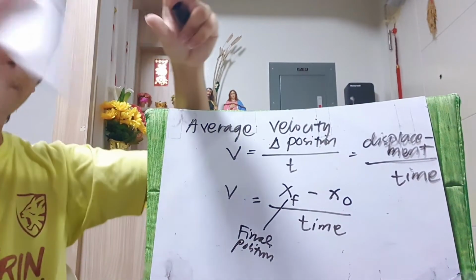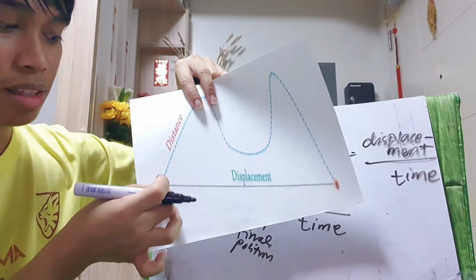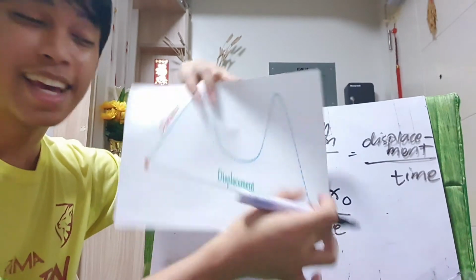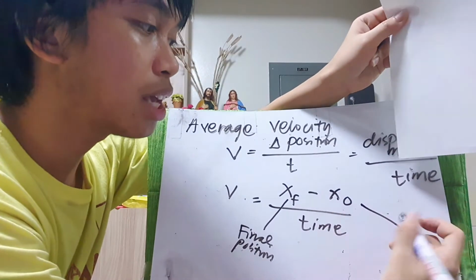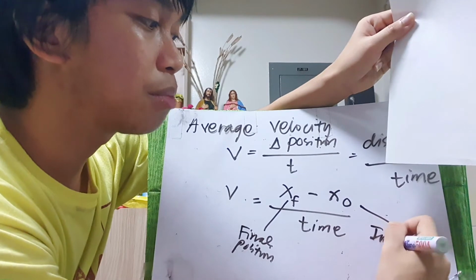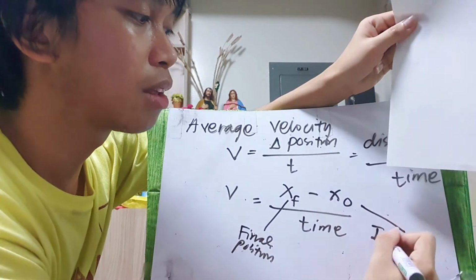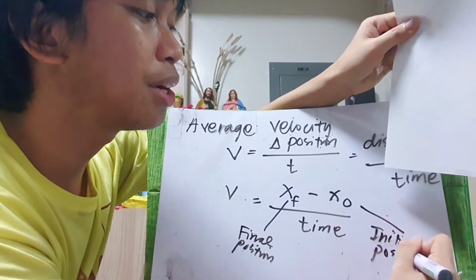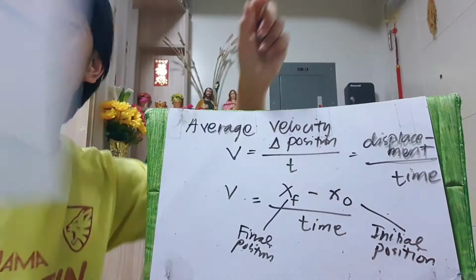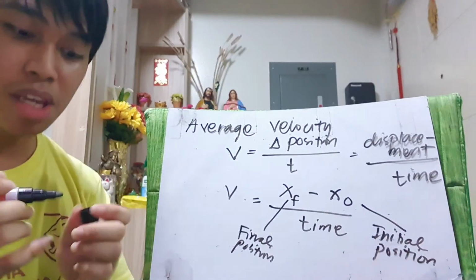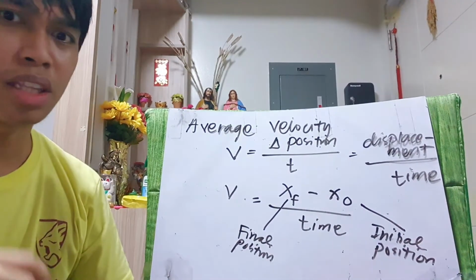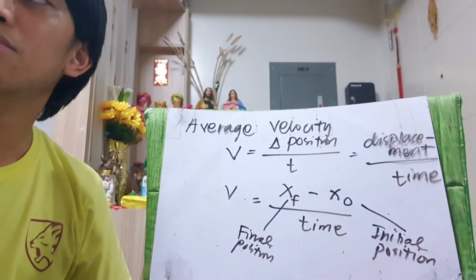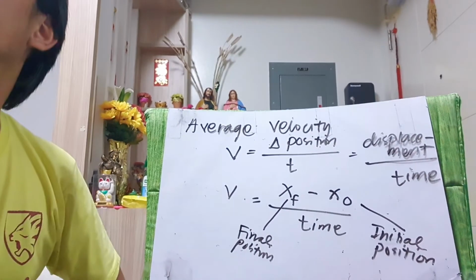That is the distance from the origin to the final position. While x sub 0 is the initial position, or the starting point of the object being in motion. So let us try to use this one to solve the problem.